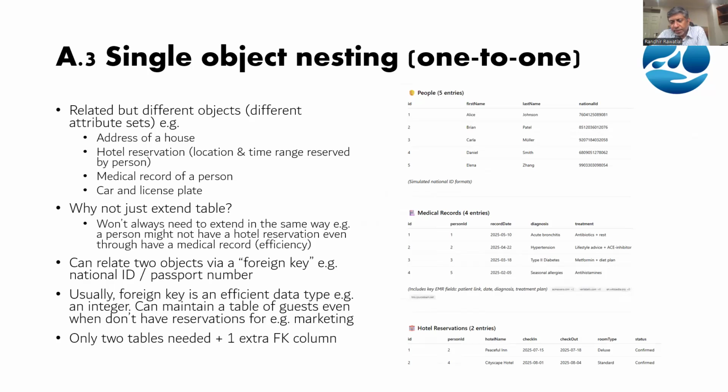Now again, let's pause. Please take a minute and think about how could we ever represent a many-to-many relationship? Because that's not possible with a simple foreign key here.